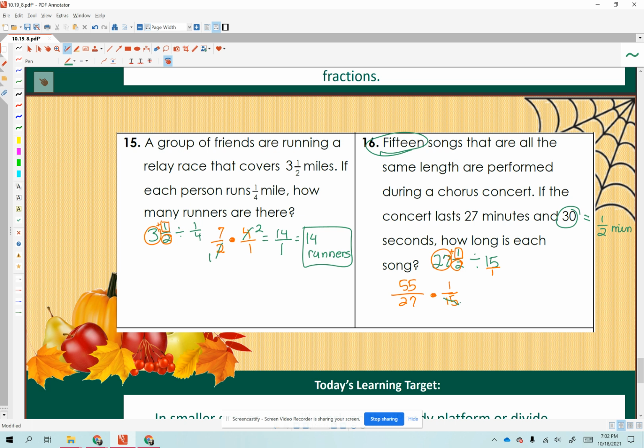So 15 divided by 5 is 3, 55 divided by 5 is 11. So now when we multiply across, we have 11 times 1, which is 11, and 27 times 3, which is 81, 11 over 81.